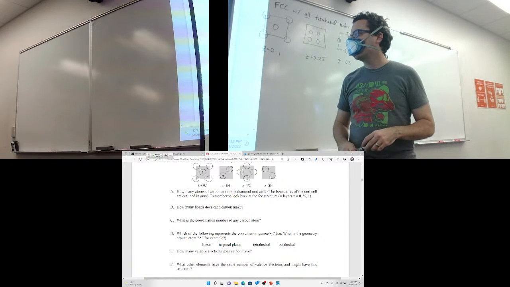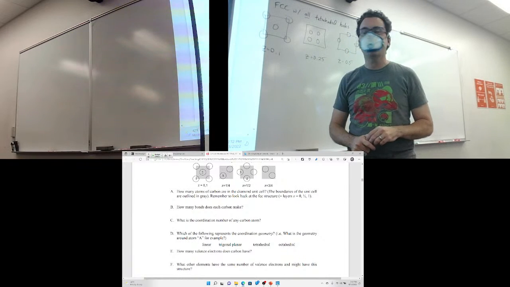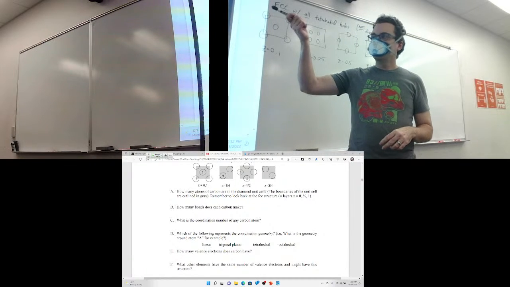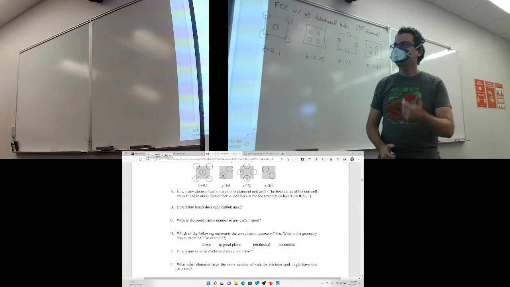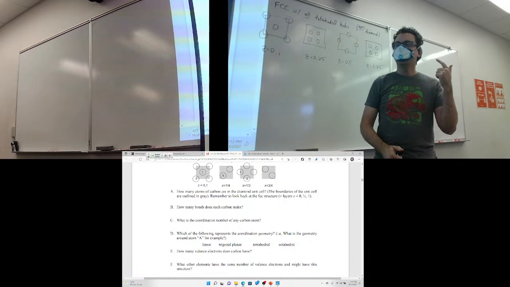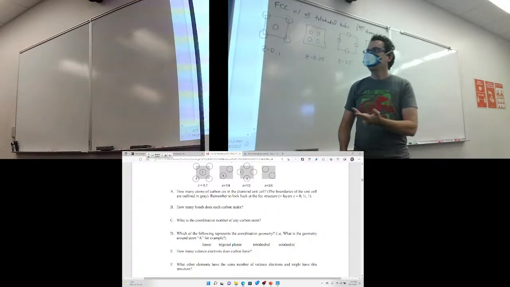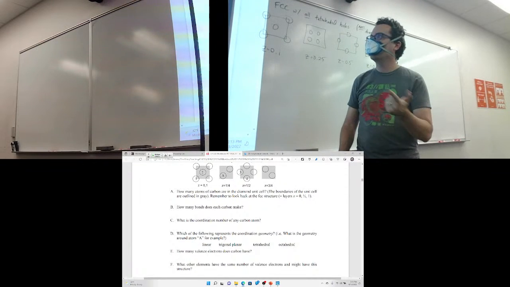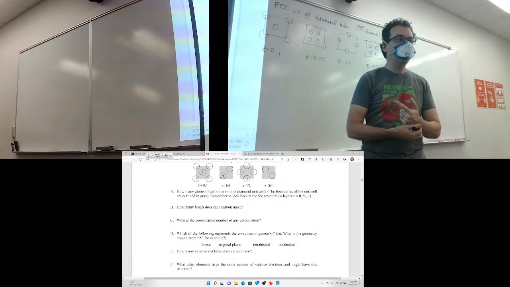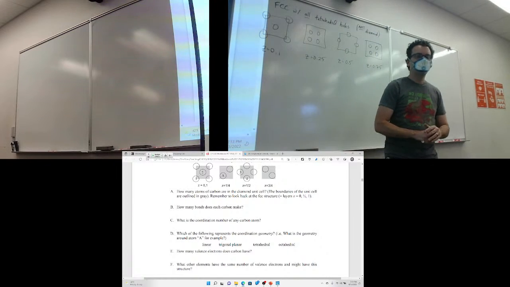So what other elements have 4 valence electrons? Yeah, group 14, everything underneath carbon. Silicon, germanium, to some extent tin. But let's ignore tin for a second because tin's a metal, so that's a little bit more complicated. But silicon and germanium actually have this structure too.